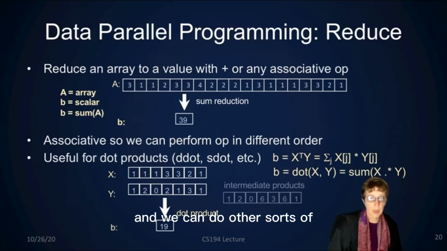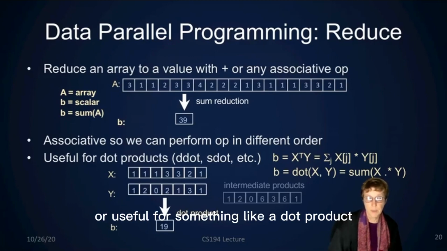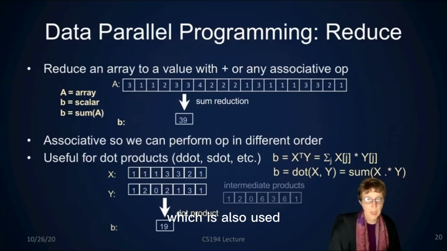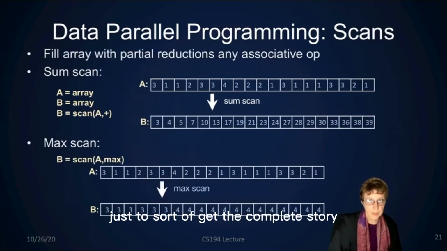And we can do other sorts of operations, but a sum is particularly useful for something like a dot product, which is also used, as you saw, in matrix vector multiply. Again, this is more review, just to get the complete story.